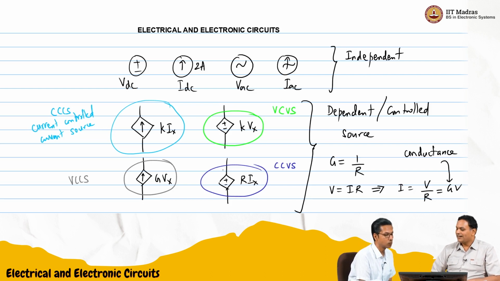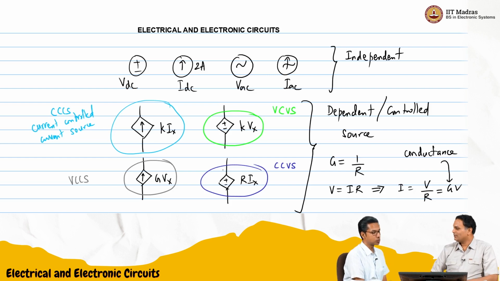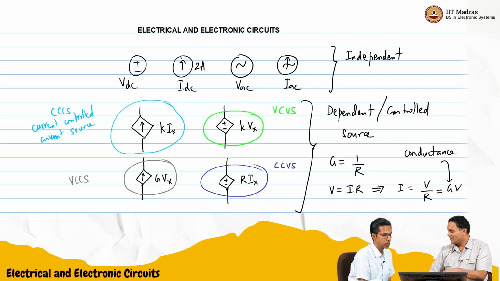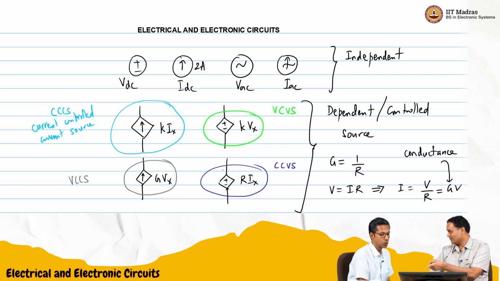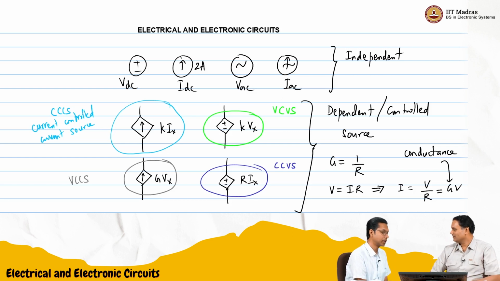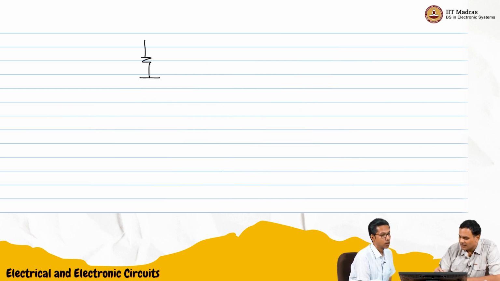And also, now that we have introduced conductance, and we talked about AC, people may be interested to know what will happen if you have a Z instead of R. Maybe we'll quickly define that as well. Suppose you have some unknown Z, which is R plus jX.